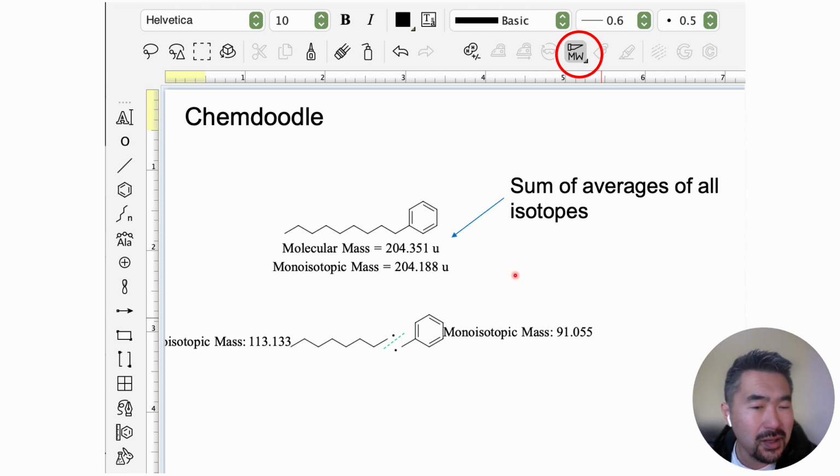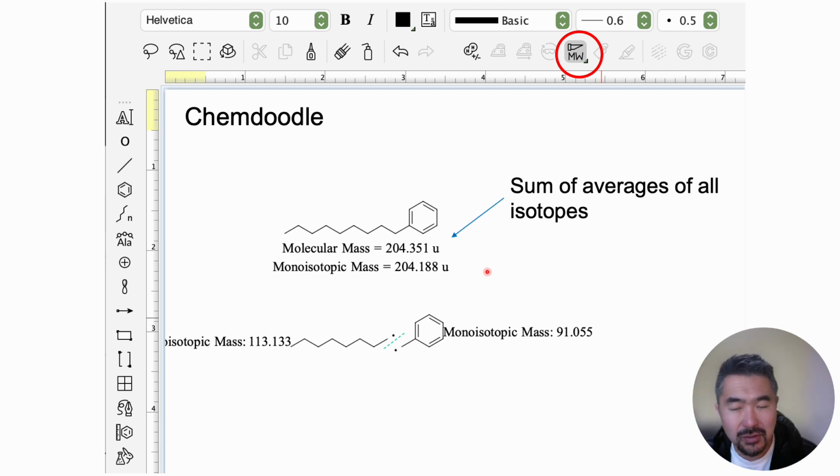Now, what do these terms mean? Molecular mass is the sum of the averages of all the isotopes. What I mean is, for carbon, 99% of carbon atoms are C12 isotopes. They weigh exactly 12 mass units, but some of them weigh 13, some of the heavier isotopes.